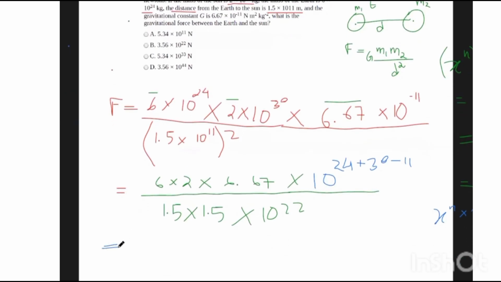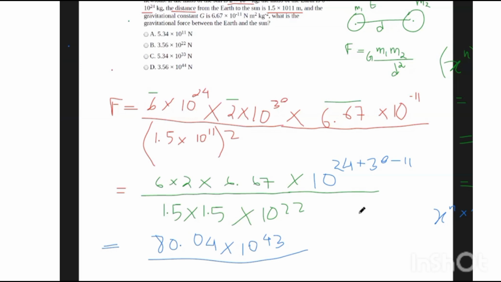Now we solve this portion. So 6.2 times 6.67 is 80.04 times 10 to the power. So you simply solve this portion, or you can use a calculator. So 24 plus 30 minus 11 is 43. Okay. Now, all of this is divided by how much? 1.5 times 1.5 and then 10 to the power 22.